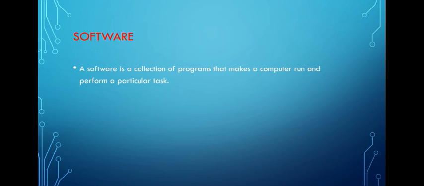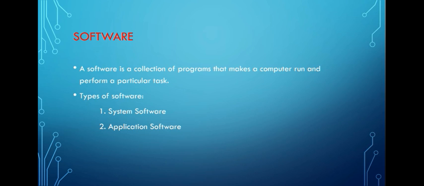So whenever we give any instructions to the computer to perform any task, these instructions are taken up by the software, and then they give the instructions to the CPU that performs the task and gives you the result, and you can see it on the screen.